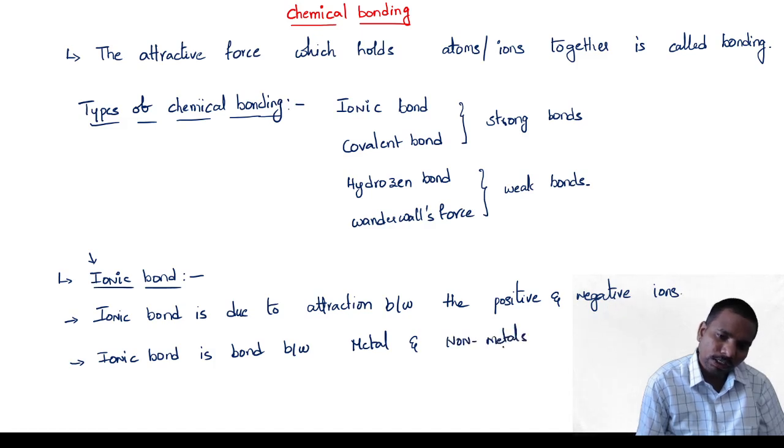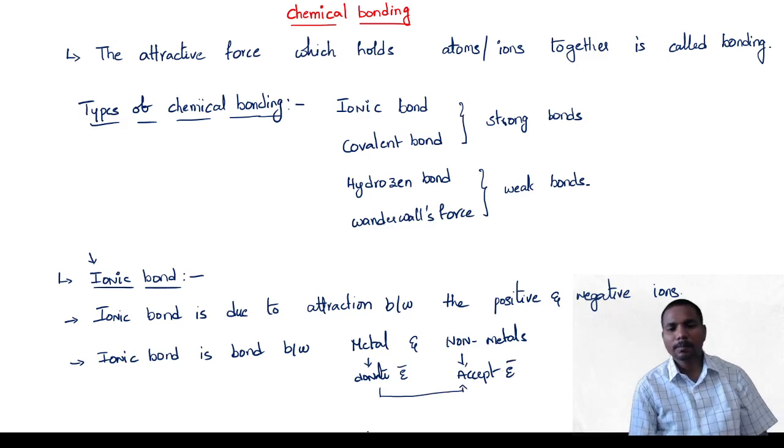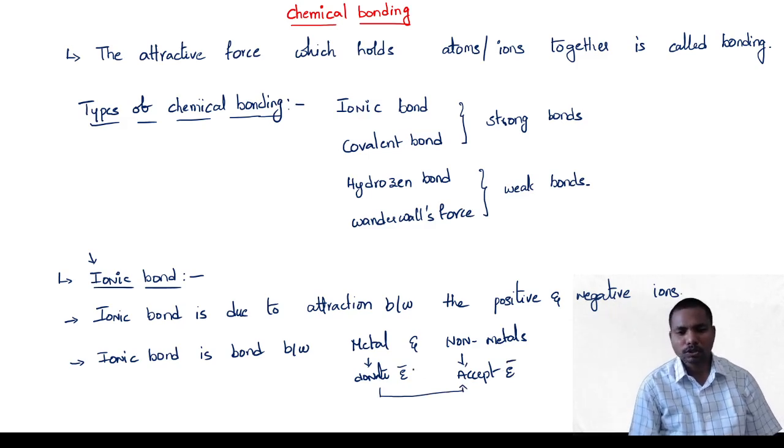Generally, metals donate electrons and non-metals accept the electrons. So metals are donating, non-metals are accepting. That means transfer of electrons takes place.